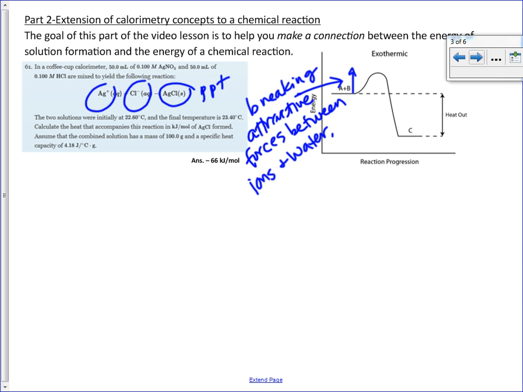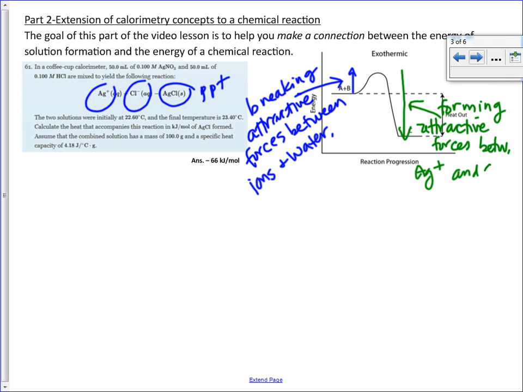And then to complete the reaction, new attractive forces are going to form between the silver ion and the chloride ion in the formation of the precipitate. So over here, we're forming attractive forces between silver ion and chloride ion, and that is your precipitate.